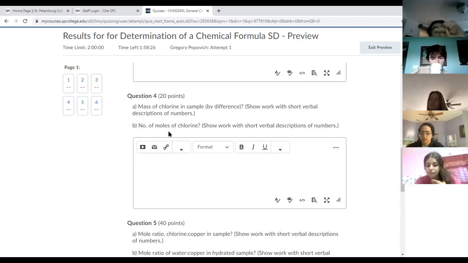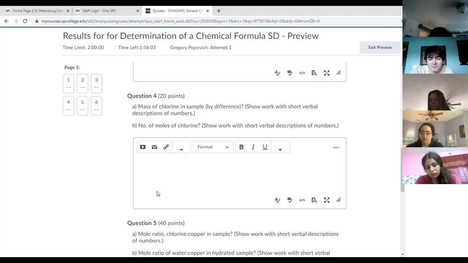Part B here, what I would do is I would put 13.54 grams of chlorine times 1 mole over 35.45. That's enough for me to know that it's the atomic weight. You don't have to put atomic weight of chlorine.